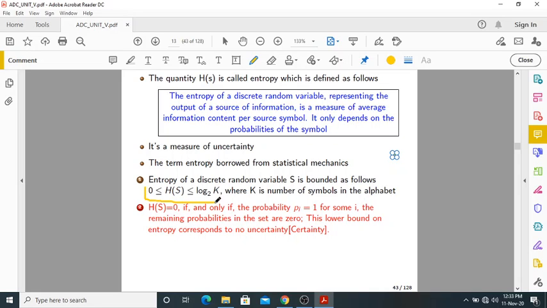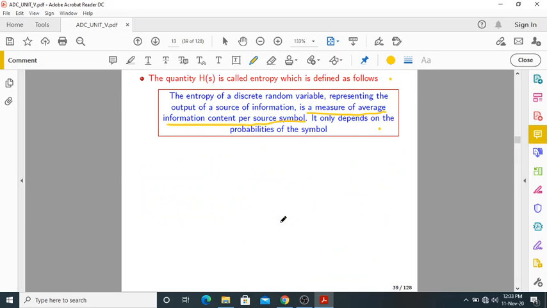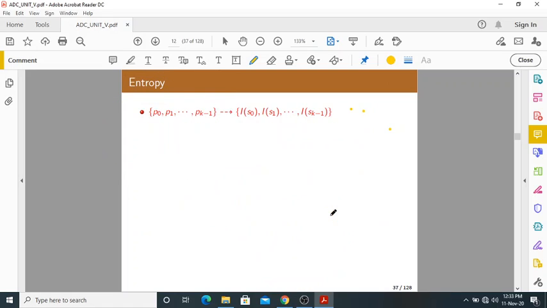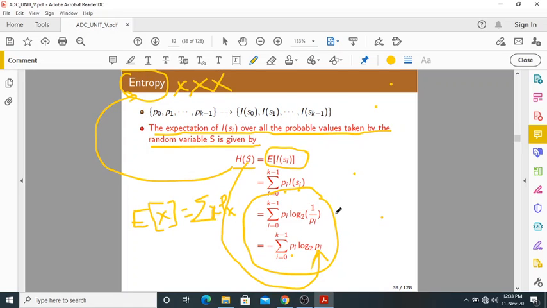It lies between these two values. Now, when will the entropy be 0? You guess. When will this answer be 0? When P of I equals 1.